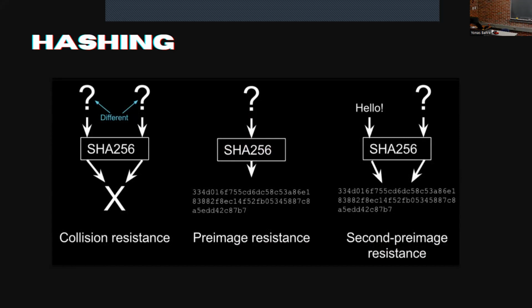The second thing is pre-image resistance. If I give you a hash, you should not be able to guess what the data was to generate the hash. In other words, it's one way and non-reversible. And the last property is second pre-image resistance. If you know the data that produces one hash, you should not be able to guess another piece of data that would produce the same hash.